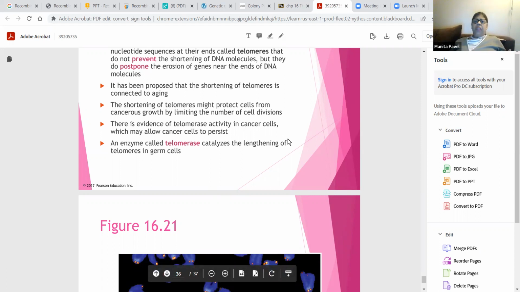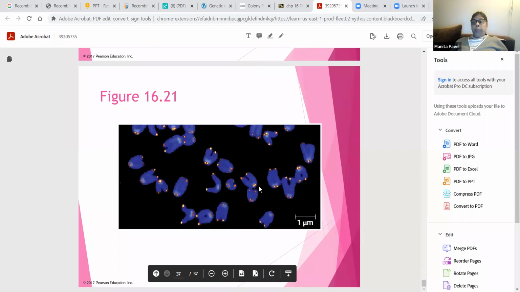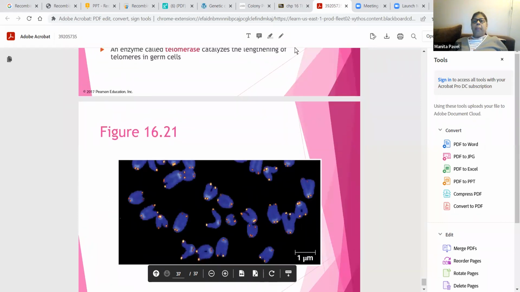And there is evidence of telomerase activity in cancer cells, which may allow the cancer cells to persist. An enzyme called telomerase catalyzes the lengthening of the telomeres in germ cells, which are the somatic cells. I hope you enjoyed this topic, students.